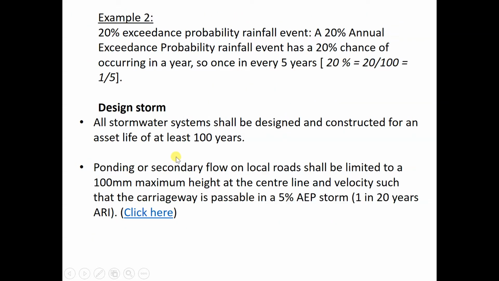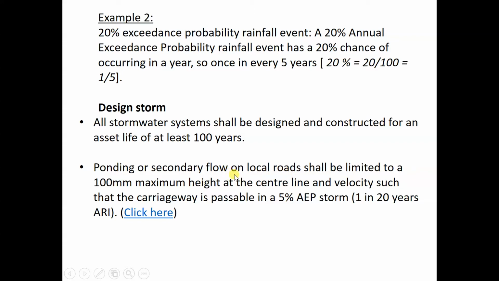That means that we allow the water, let's say for a 1 in 20 years event, we allow the road to be used as a secondary flow system.